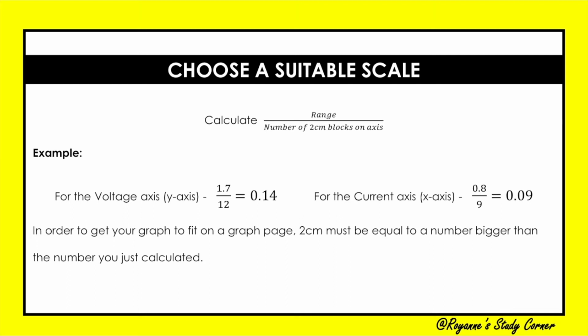Now we know our range for voltage was 1.7 and our range for current was 0.8.